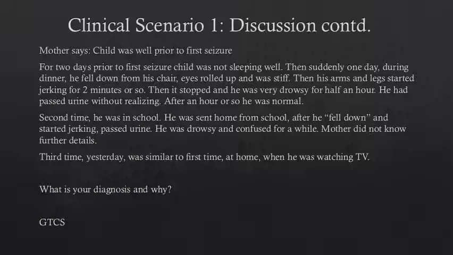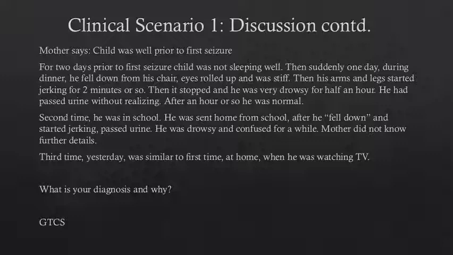It is clear that the child has had a generalized tonic-clonic seizure, with the possibility of a prodromal phase with poor sleep. No aura was described.